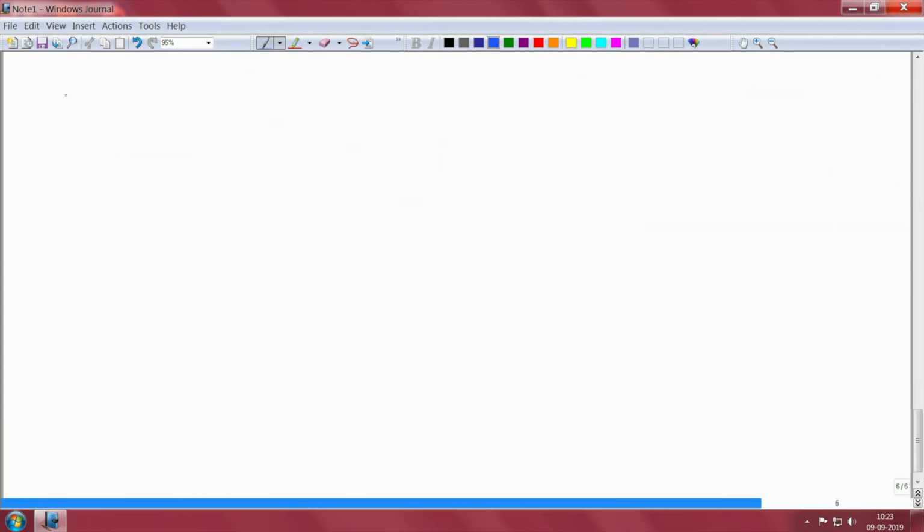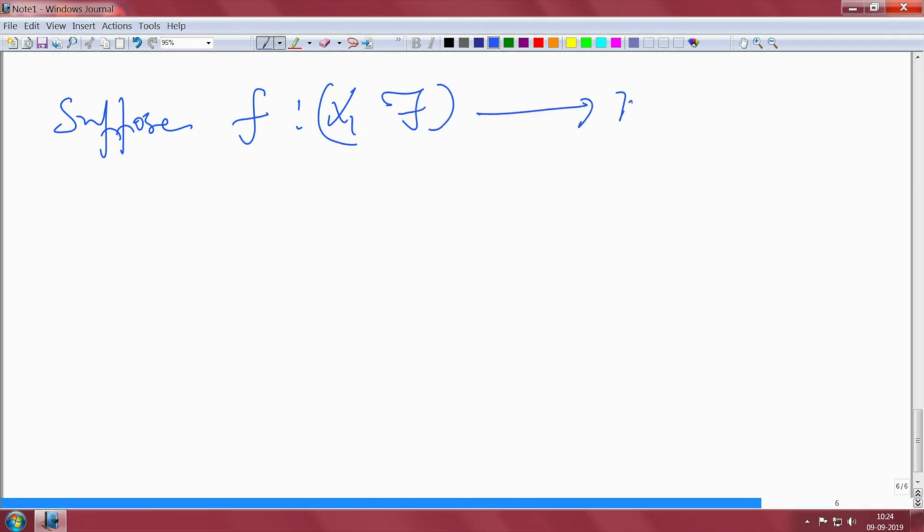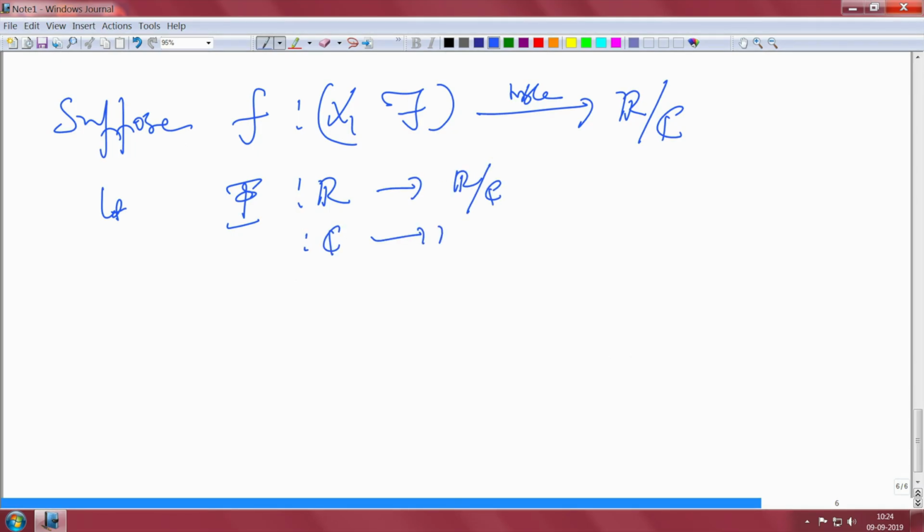Now let us look at some other class of functions. Suppose I have f from X to R or C, measurable. Let capital phi be a function from R or C to R or C, continuous.